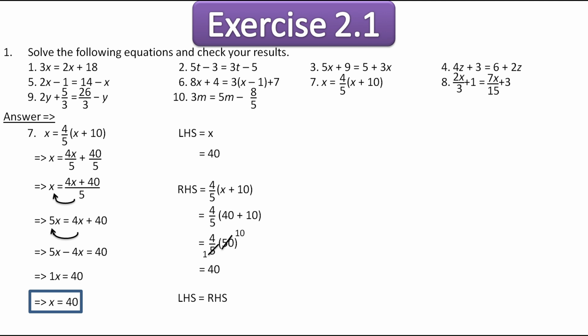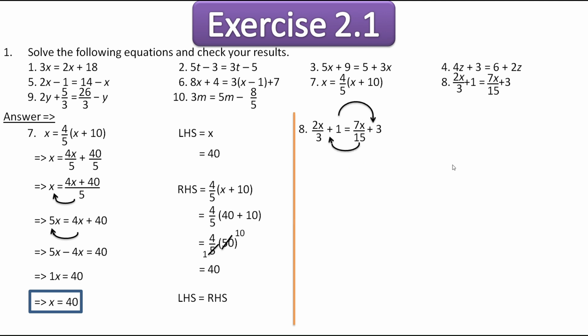Now let's solve the eighth one. Eighth one, we have 2x upon 3 plus 1, which is equal to 7x upon 15 plus 3. Now here we have the term with x, this one. So I'll send this whole term to the LHS part and the 1 to the RHS part.